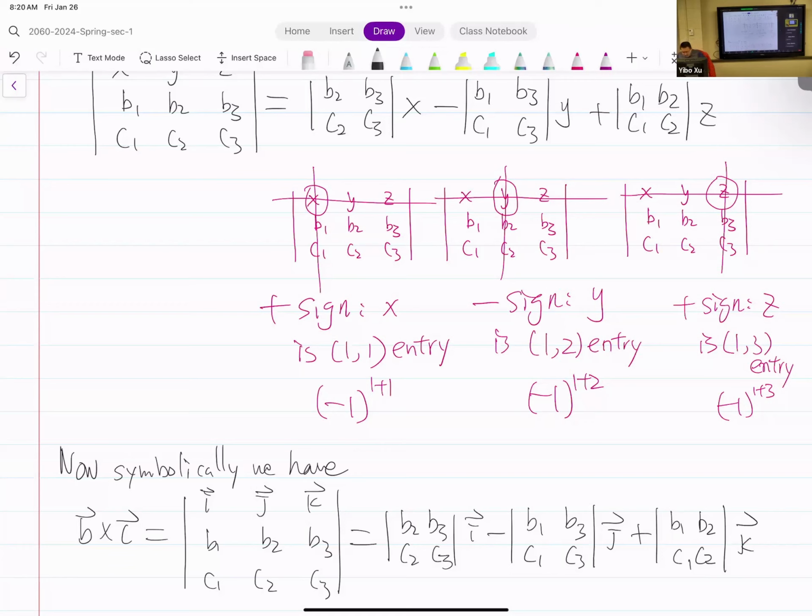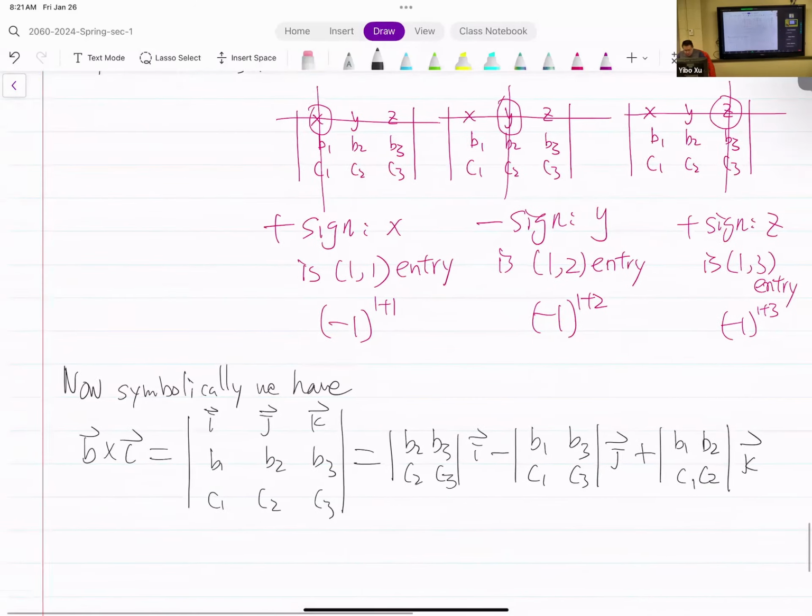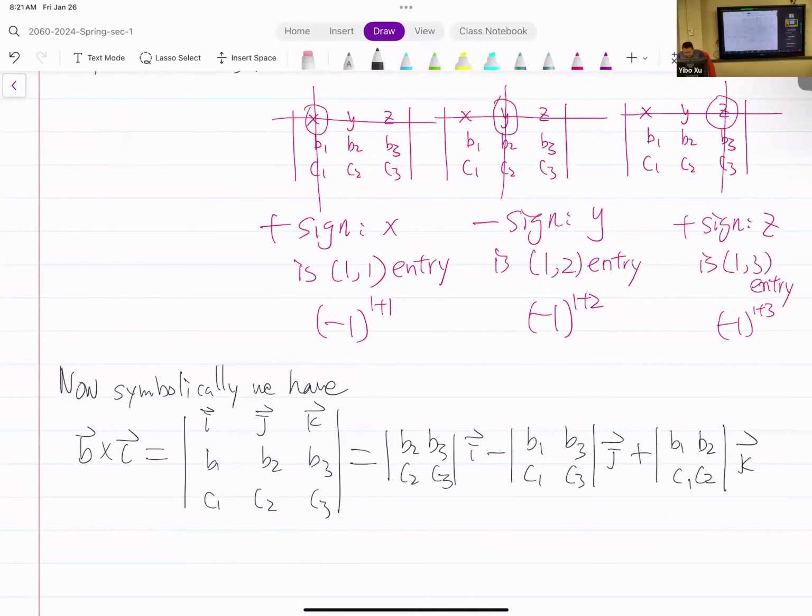Okay, so this is exactly going to give you the formula on the previous screen. Okay, so now as promised, we give you the order 3 determinant equation for the cross product.